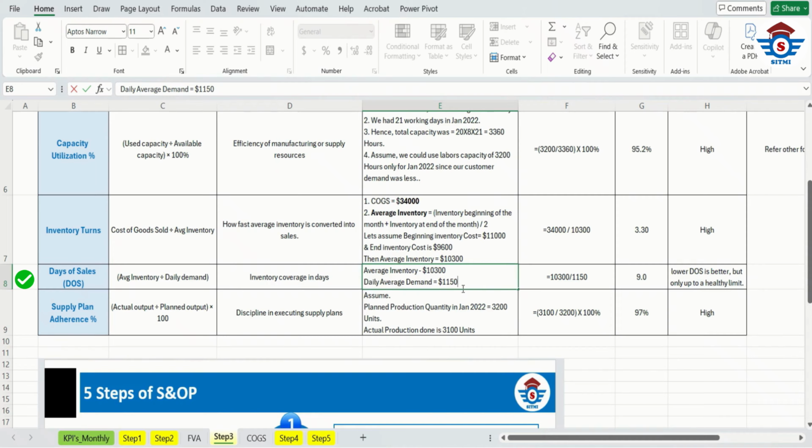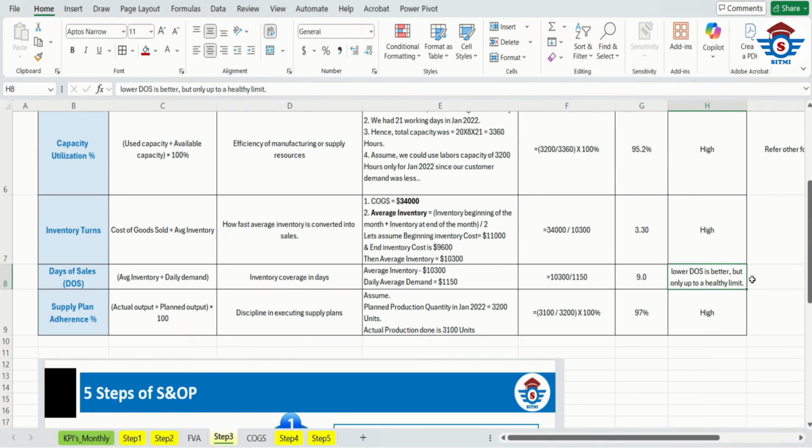Now, when we put those numbers in our formula, it tells us that the value is 9. This 9 tells us that whatever inventory we have on hand is serving our future demand of the next 9 days. Ideally, lower days of sales is better, but it is also important to keep healthy on-hand inventory to meet our customer demands or spike demands that come into the business.